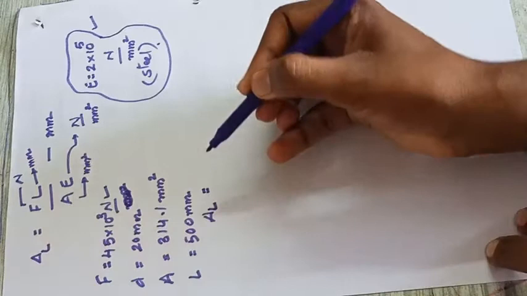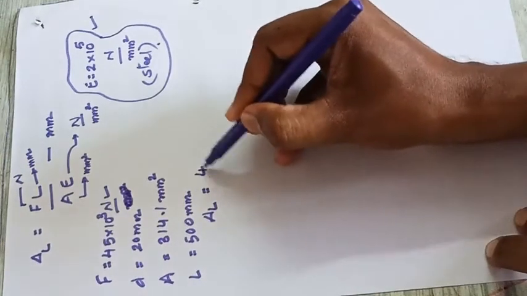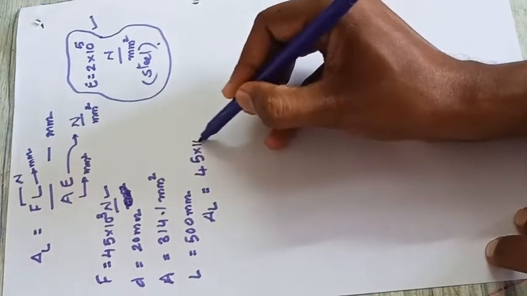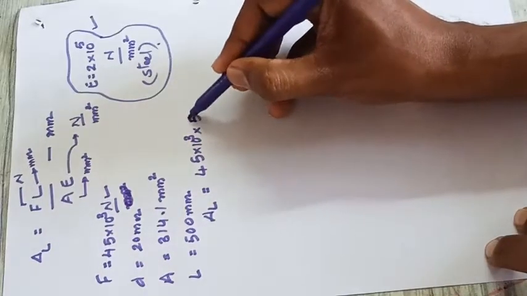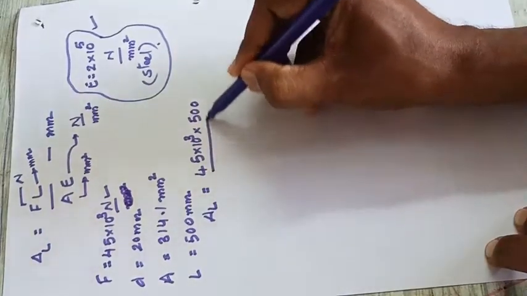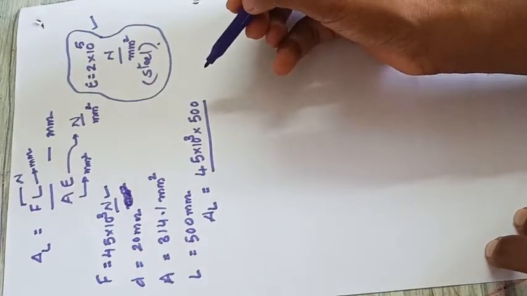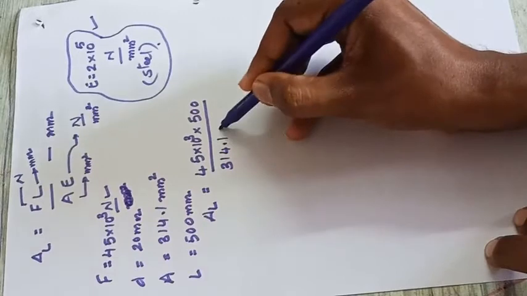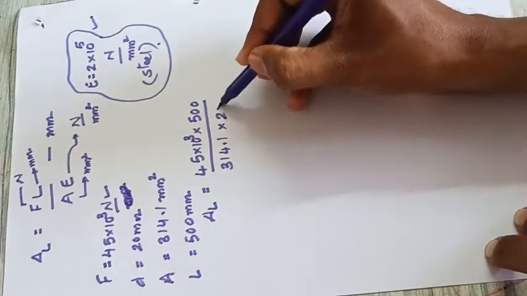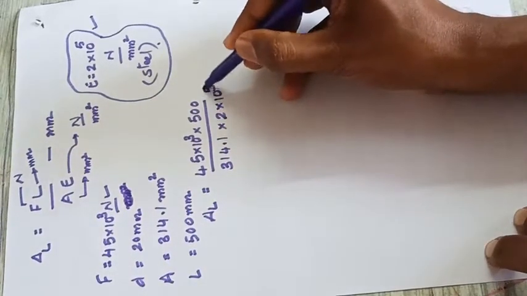Delta L is equal to force 45 into 10 raised to 3, into length 500, divided by area 314.1, and Young's modulus 2 into 10 raised to 5.